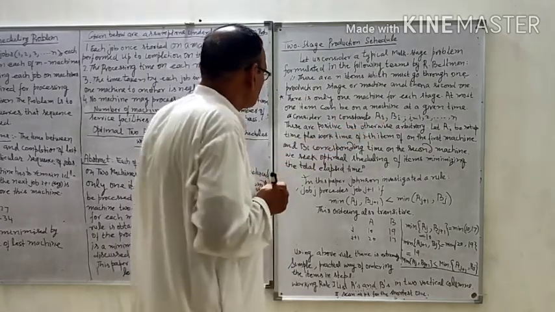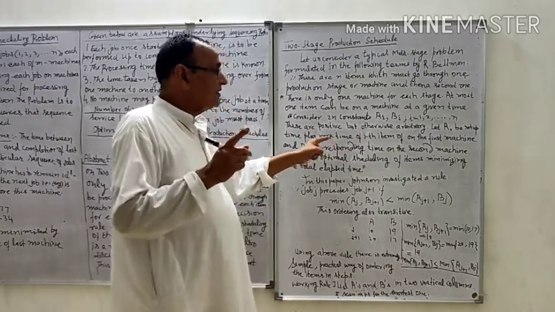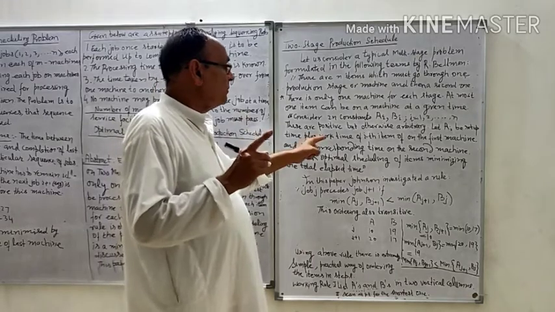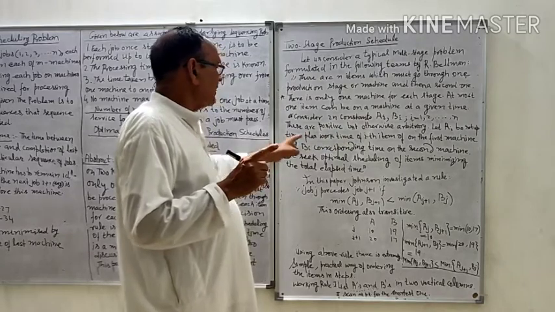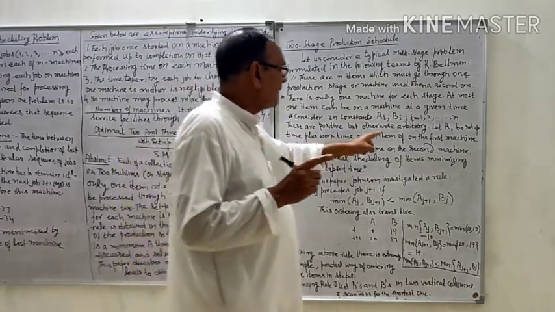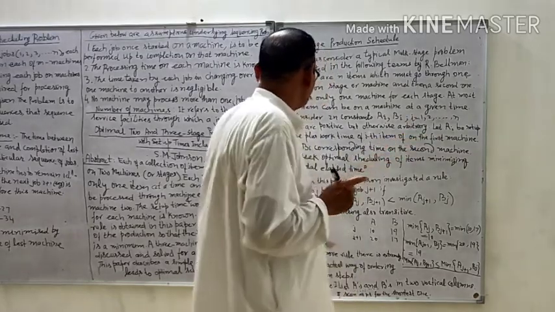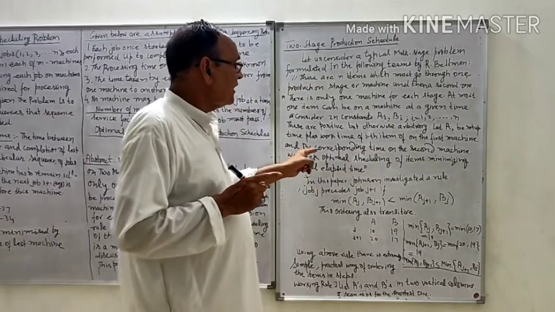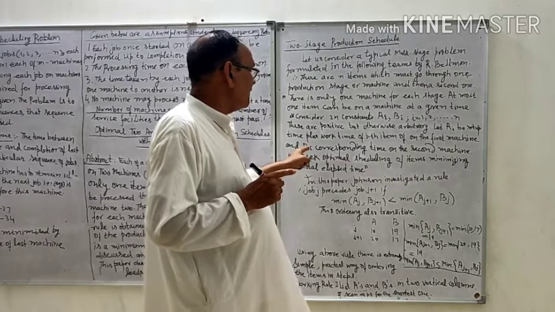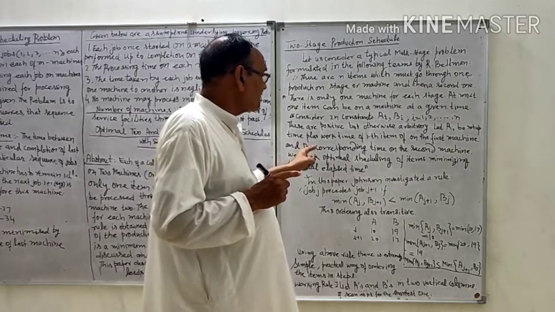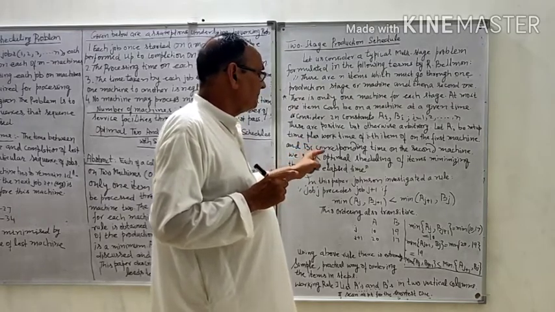Let A_i be setup time plus work time, or we can say A_i is the processing time of job i on machine A. Johnson says it is the setup time plus work time of the ith item on the first machine, and B_i is the corresponding time on the second machine, or B_i is the processing time of job i on machine B. Here processing time means it includes the setup time and the work time.